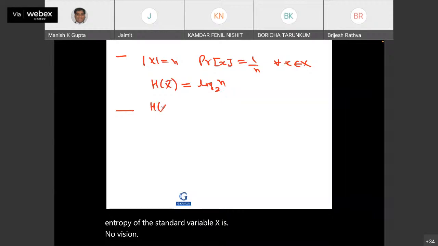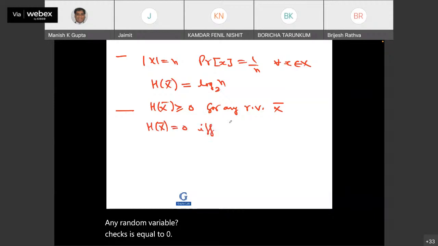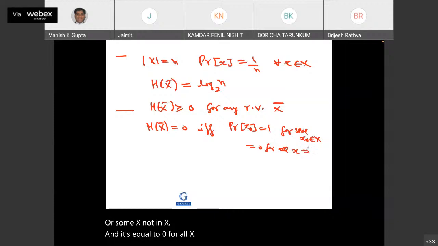Second, the entropy of x is non-negative for any random variable x, and H(x) is equal to 0 if and only if the probability of x naught is equal to 1 for some x naught in x, and is equal to 0 for all x not equal to x naught. Okay, so these are some general basic results about entropy.